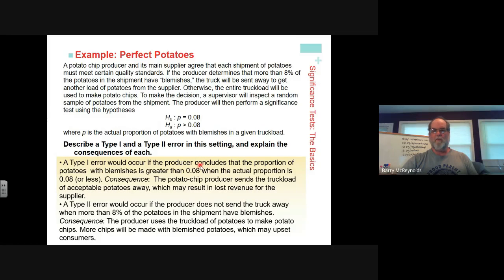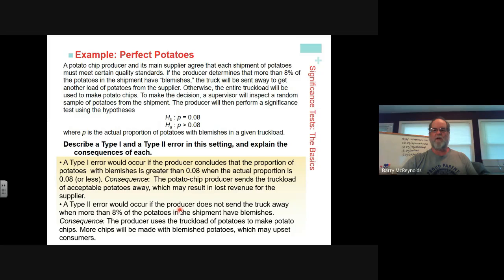Type 1 error would be, he concludes that the proportion of blemishes is greater than 0.8 or greater than 8% when it is not. Type 2 error would be concluding that the proportion of blemishes on the truck is less than 8% when in fact it's not.